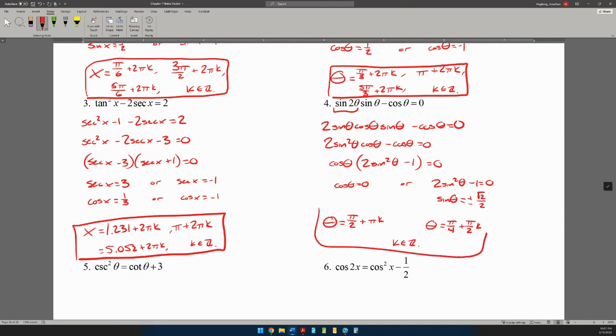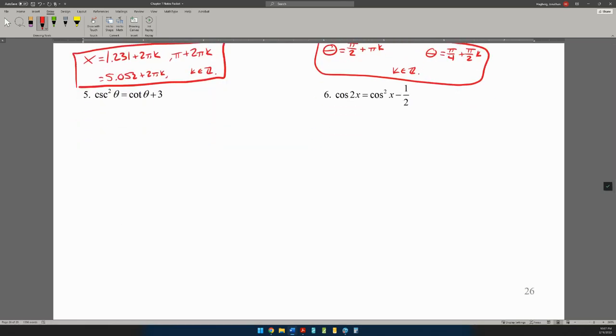The reason why we have pi fourths plus pi halves k is because it's every quarter rotation around the unit circle. We could say pi fourths plus 2 pi k, 3 pi fourths plus 2 pi k, 5 pi fourths plus 2 pi k, and 7 pi fourths plus 2 pi k. Or we can consolidate and just say it's every pi fourths plus that quarter rotation.